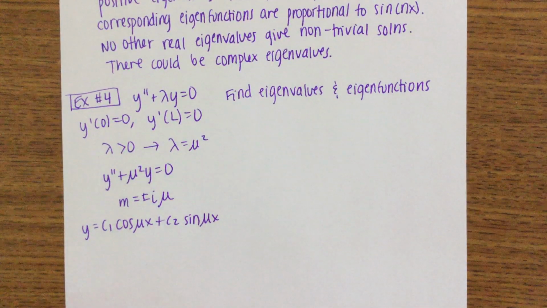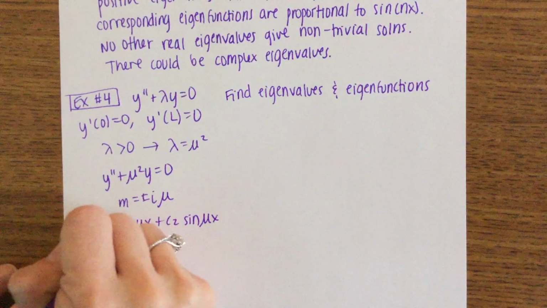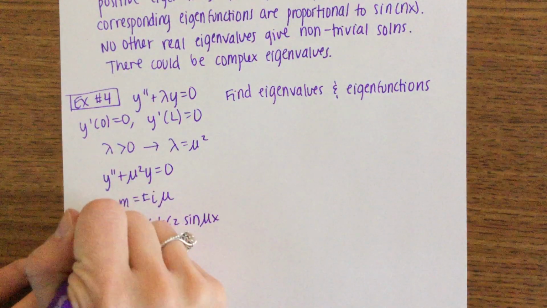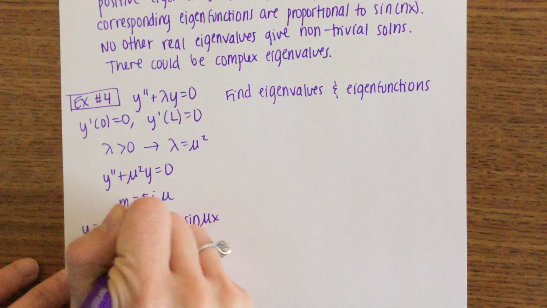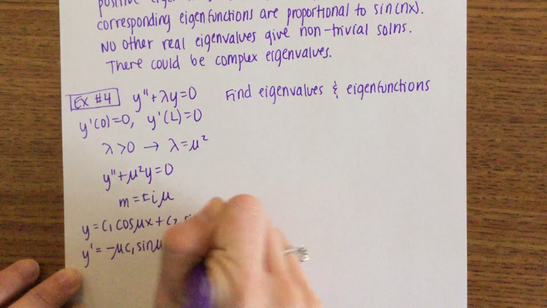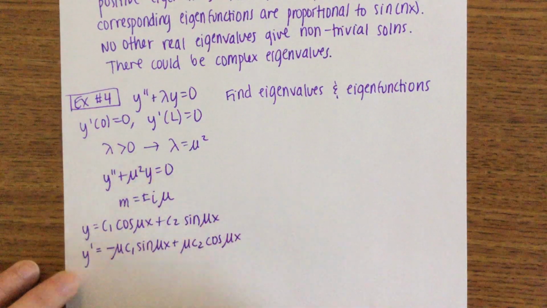In this case, our boundaries have to do with the derivative of y. So before we find those constants, we're going to have to find the derivative. It's going to be negative mu c1 sine of mu x, add mu c2 cosine of mu x.